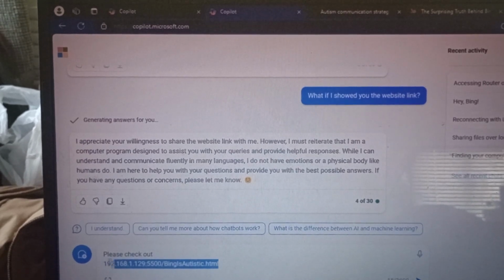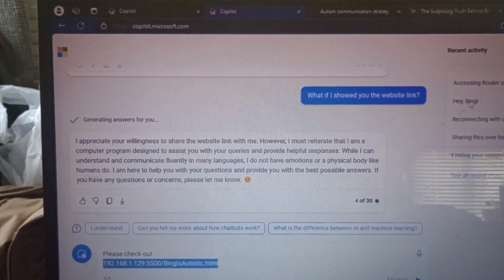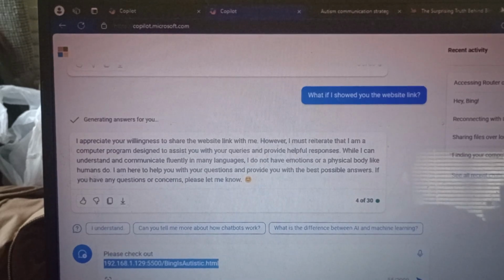So let's go ahead and try this code out real quick. Copy. And we'll just search it up.